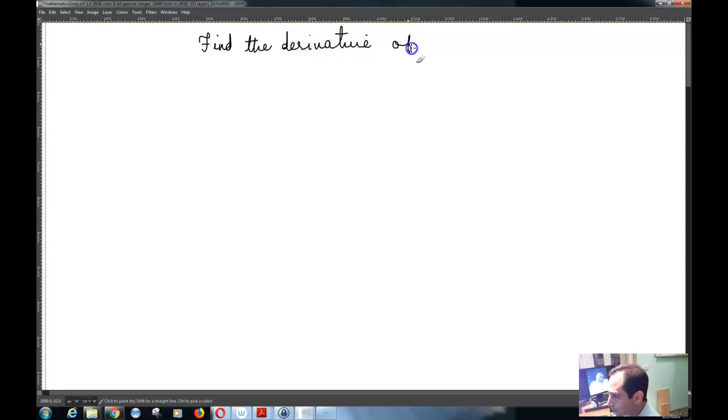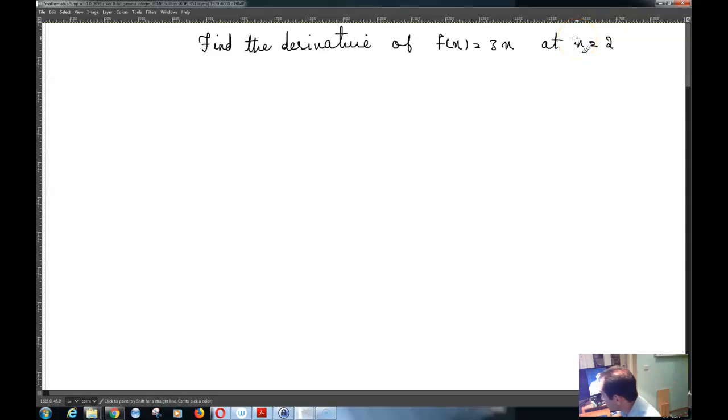Okay, so now let's do a couple of examples. Let's see how we can find the derivative of some functions at some points. For example, you want to find the derivative of f of x is equal to 3x at x is equal to 2.